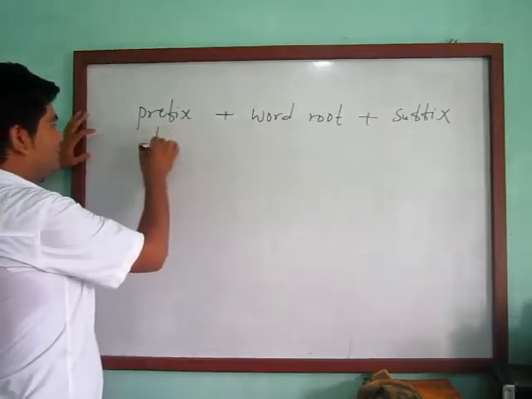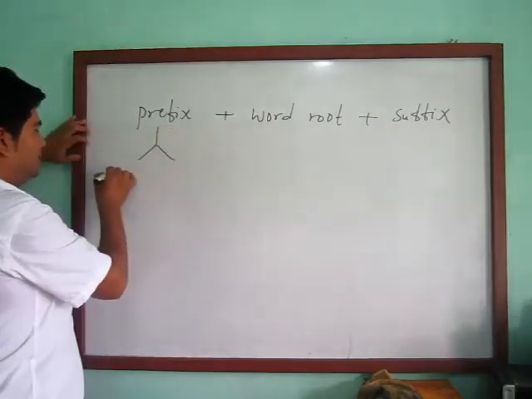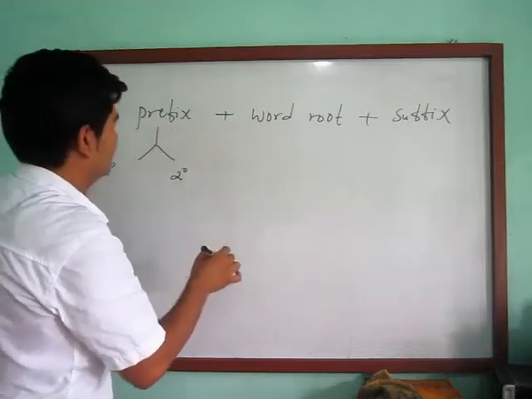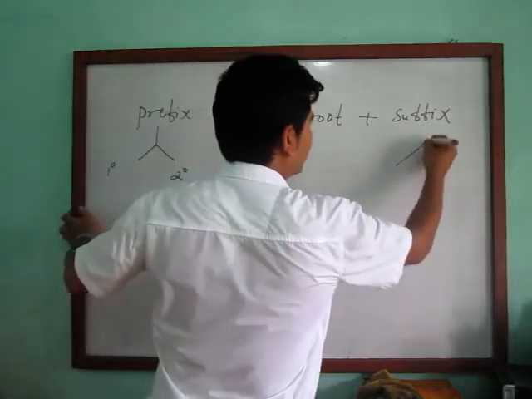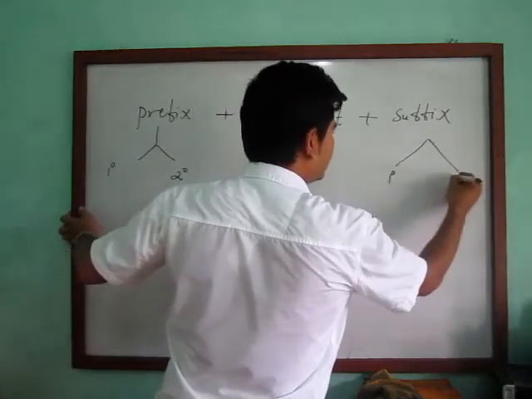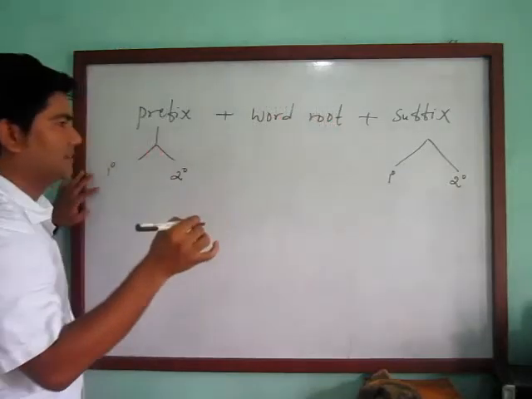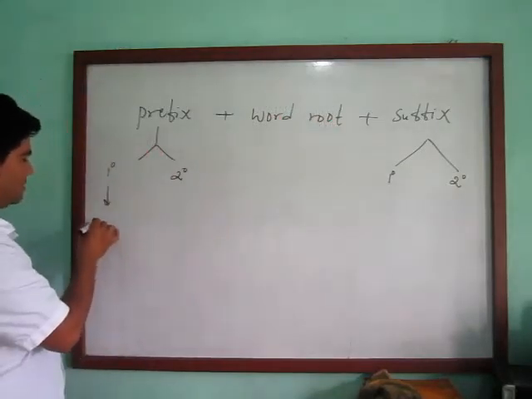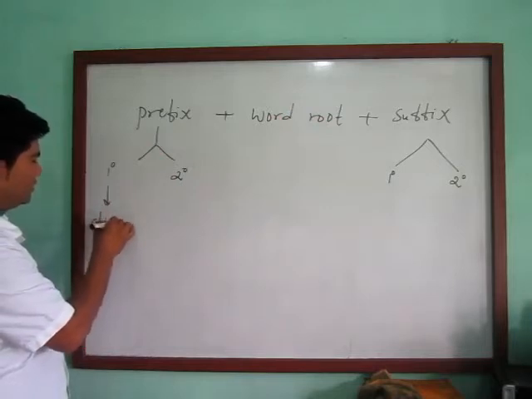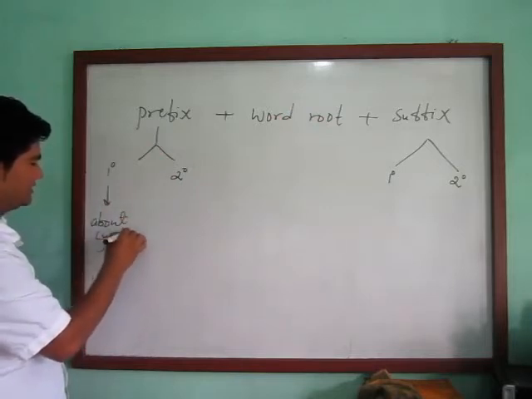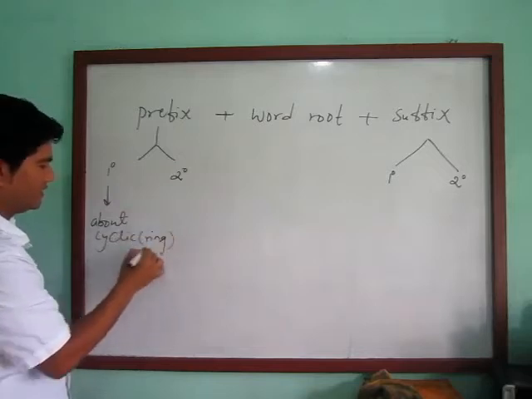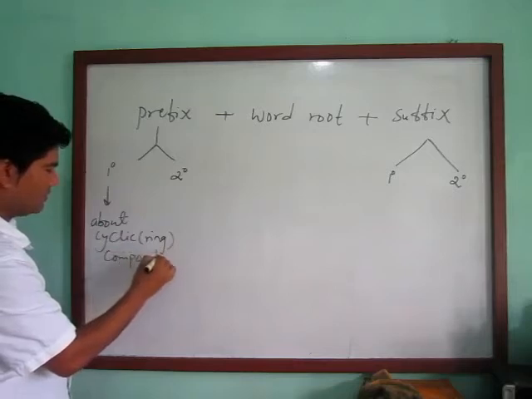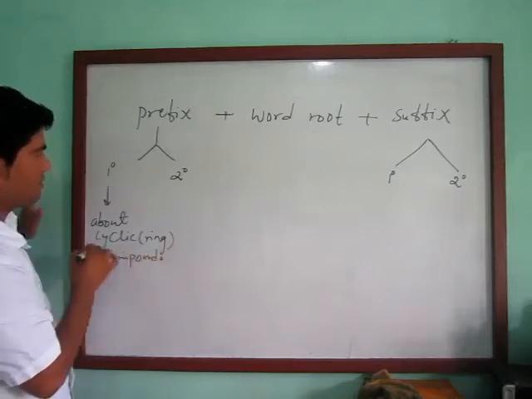There are two types of prefix, primary and secondary, and this one is also primary and secondary. The primary prefix gives information about cyclic or ring compounds.